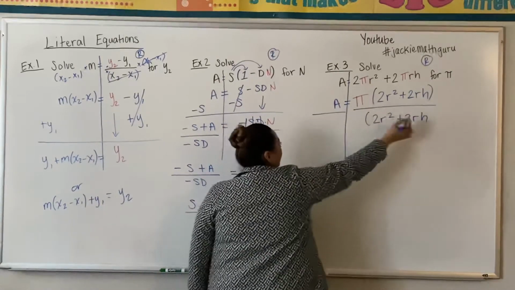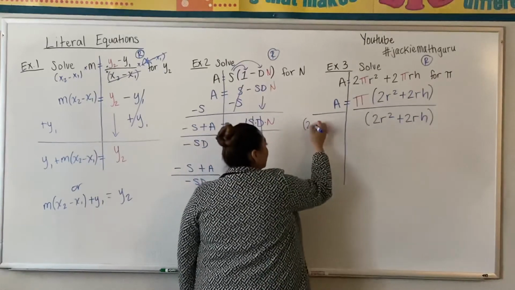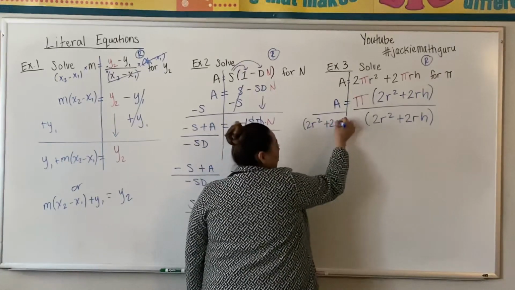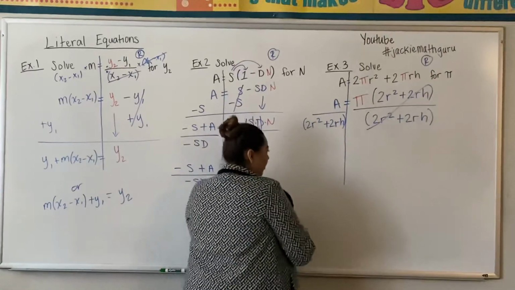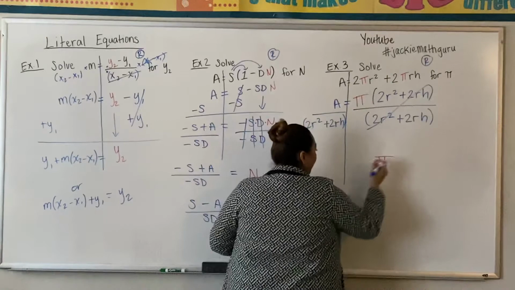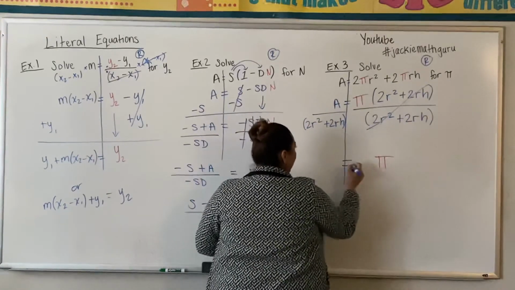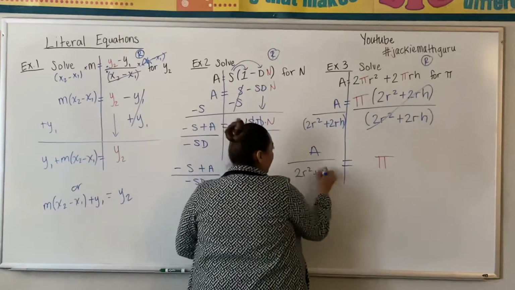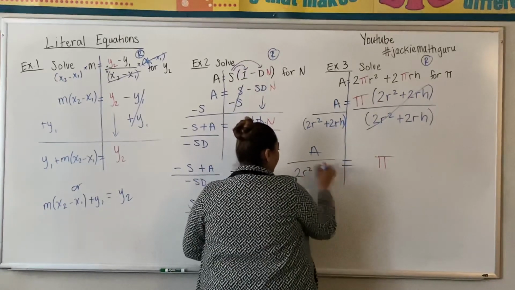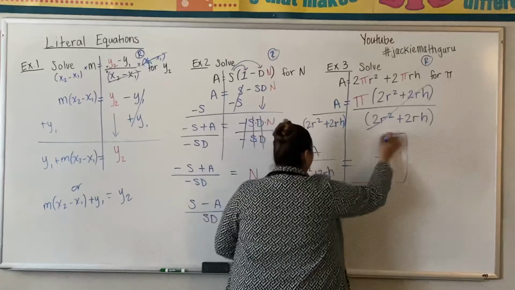Same thing on this side, 2r squared plus 2rh. All of that's going to cancel out, and you're left with the pi by itself. Pi equals a over 2r squared plus 2rh. That will be your final answer.